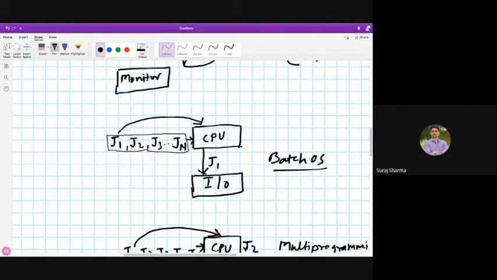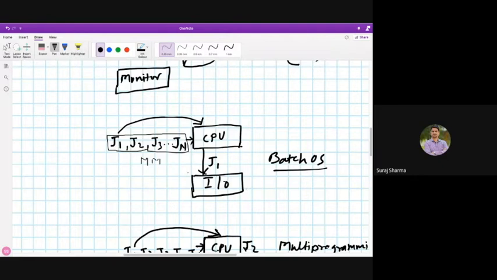So this is your main memory, this is your CPU, this is your IO.